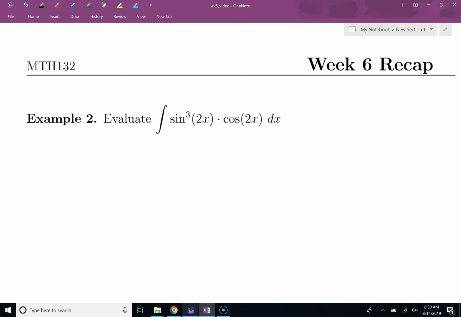You can do that, and it's perhaps a little bit more straightforward, but again, it takes longer. I'd like to show you the faster way to do this, especially because you've tackled a few of these problems here. The big thing is that in order to do this faster way, we need to recognize that sine cubed of 2x is notation that literally means sine of 2x, and we take that and we cube it.